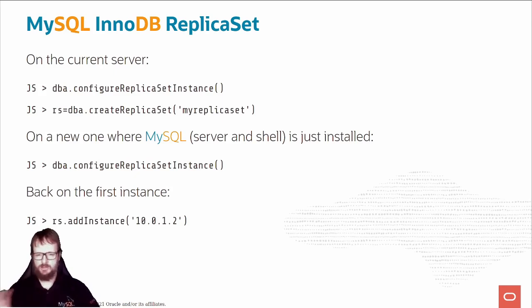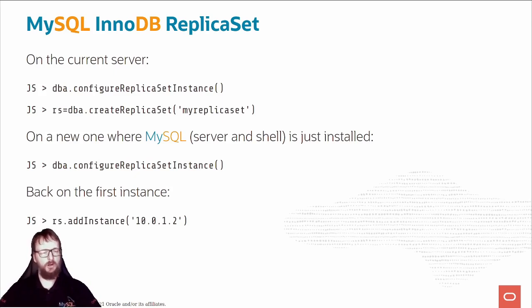Now you just install another MySQL server, right, with the shell, and on that machine you do dba.configureReplicaSetInstance again. It will check for the user, ask you if you want to create a new user or not, and make the modification. And when it's done, on the primary, the single instance we had earlier where we created the ReplicaSet, we do addInstance, and it will add the instance for you and create that ReplicaSet.